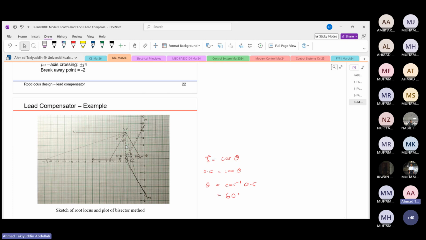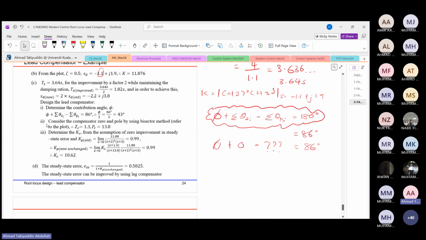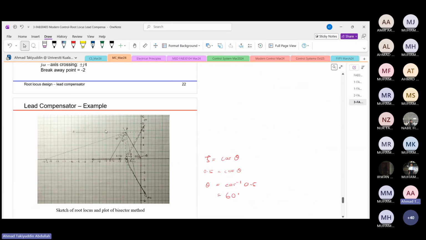So I'm going to stop here at this number 1. And I'm going to continue with number 2 and number 3. And of course, if you do have your plot, you can have your number 2, the determination of this ZC and PC. You just need to know how you can actually do that. So first thing first, let's just recap a bit on this one. Once you have your new dominant pole on your plot, you are going to point out the location for the new dominant pole.